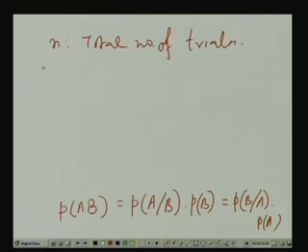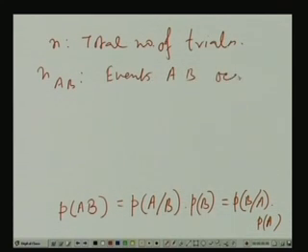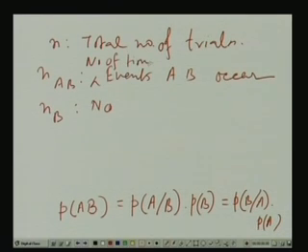Suppose on N_AB occasions the events A and B occurred together, that is A and B occurring simultaneously, and N_B is the number of times B occurs.